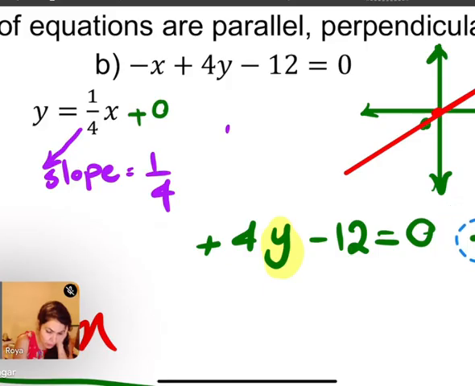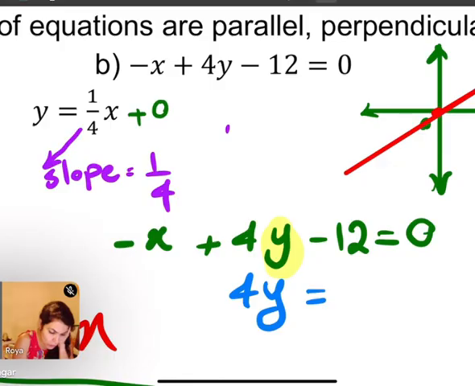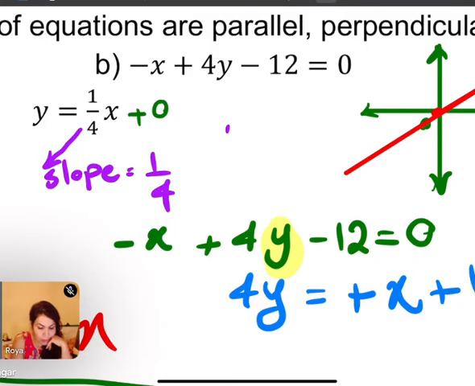When you move it to the other side, the sign turns to positive. So it's going to be like this. 4y equal to, when we move it, the sign changes. This is negative x. When you move it, it's going to be positive x. And also, we move negative 12 to the other side and it becomes positive 12.